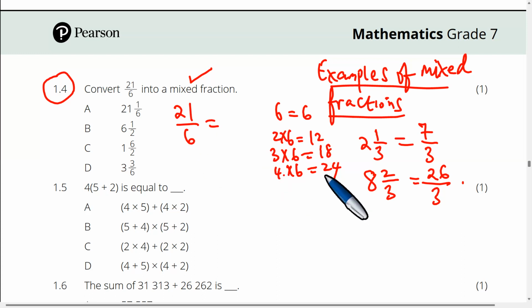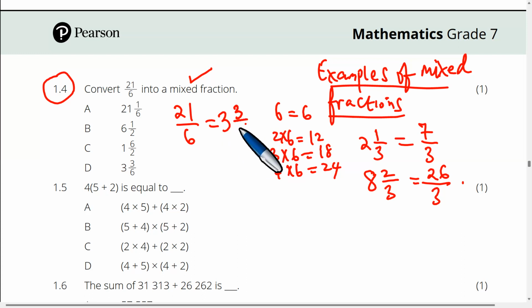It cannot go 4 times because that is 24, but into 18 it goes 3 times.